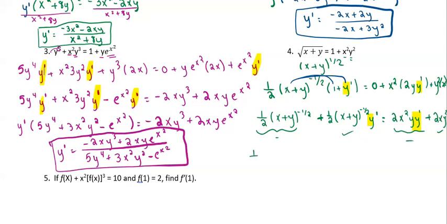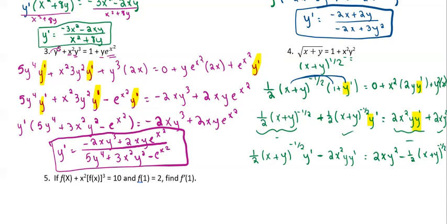We have 1/2 x plus y to the negative 1/2 y prime minus, subtracting this term to the other side, 2x squared y prime equals, I need to subtract this term to the other side, and this one can stay where it is. So 2xy squared minus 1/2 x plus y to the negative 1/2.